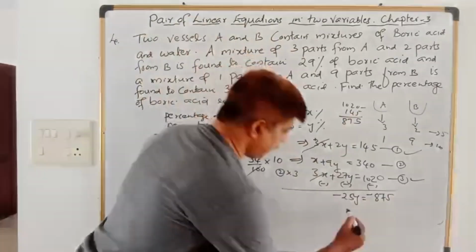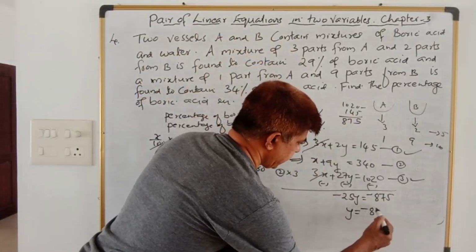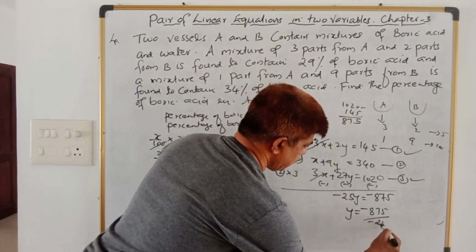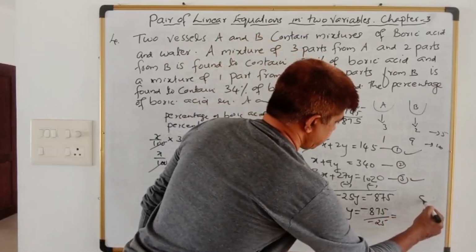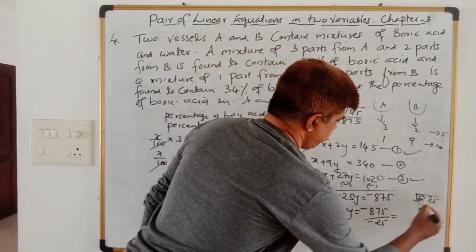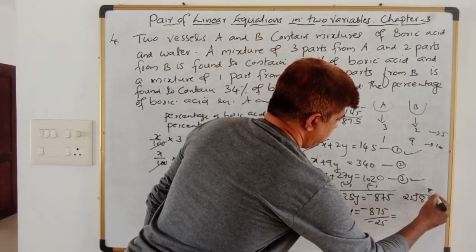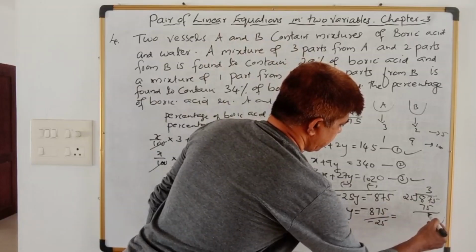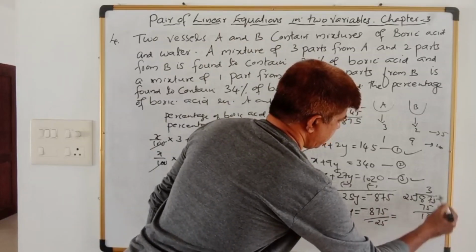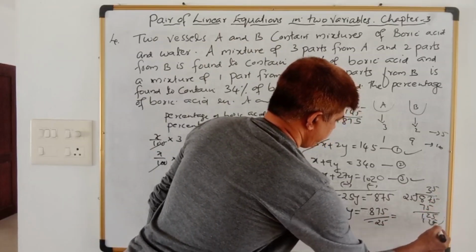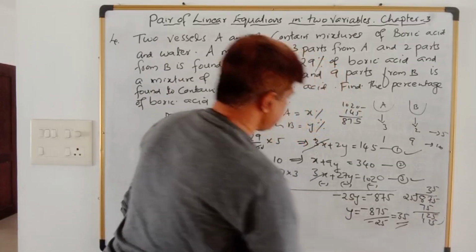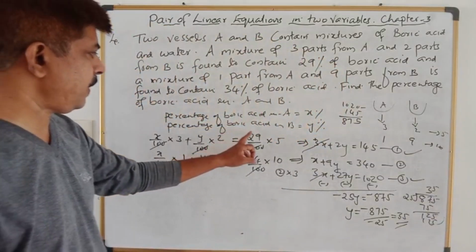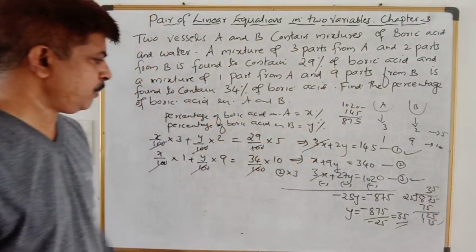So we are getting the y value: y is negative 875 by negative 25, negative and negative give positive, so 875 by 25. We have 35. So 35 percentage, we understand that there is 35% boric acid in vessel B.